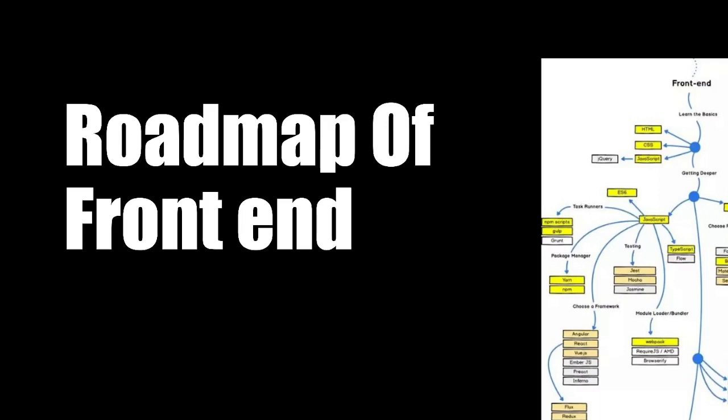So how can you become a front end web developer? In front end, you'll have to learn the basics of HTML and CSS. HTML is basically hypertext markup language. Whatever is written on the website, suppose on Facebook, your name is written, or Rohit posted a photo, that is written by HTML.